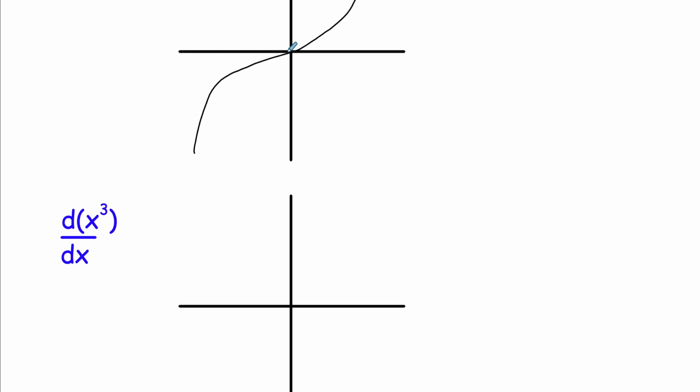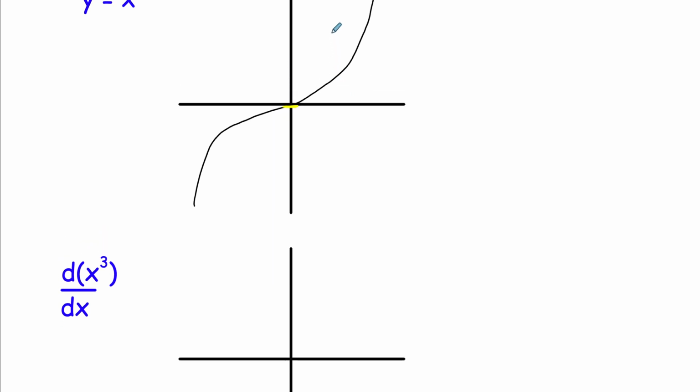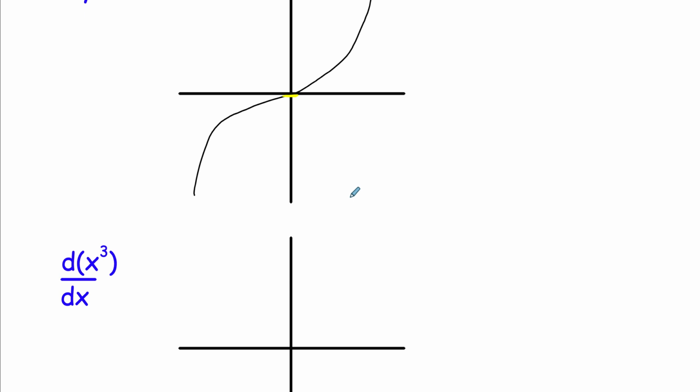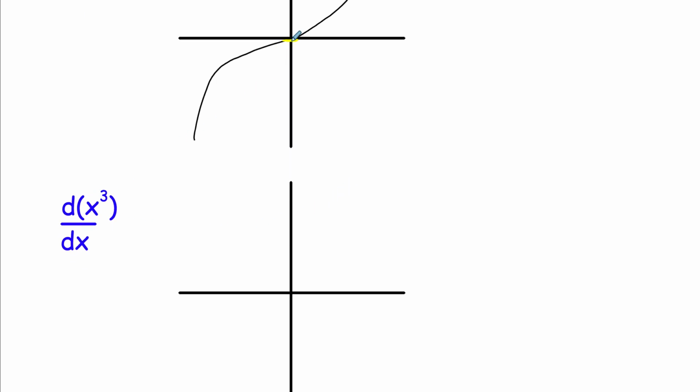And we did that by looking at where the stationary points were and what was happening to the gradient on each side of the stationary point. So for this one, this has a stationary point at 0, which means the gradient at 0 is 0, which tells us it's going to cross through the x-axis. It's going to cross through the origin. We then look at the left-hand side of that stationary point, because that's the only stationary point that this graph has. And from left to right, we need to think about what's happening to this gradient.